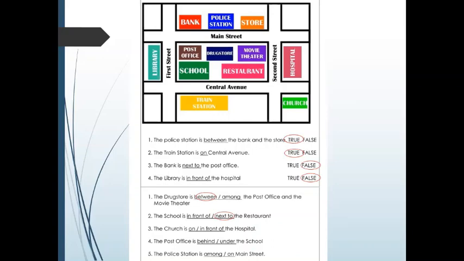The church is in front of the hospital. Number 4, the post office, the brown one, is behind the school or is under the school. The post office is behind the school. Number 5, the police station is among Main Street or the police station is on Main Street. Very good. It is on Main Street.